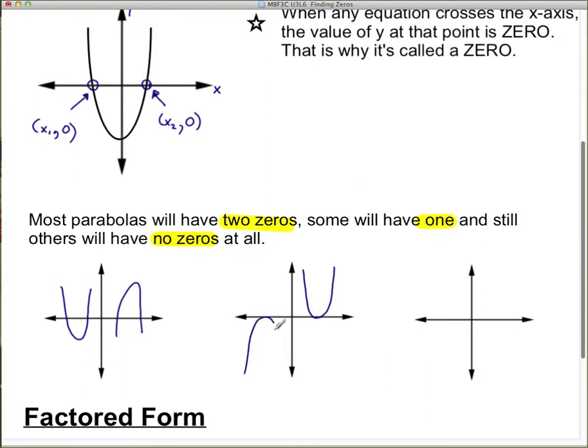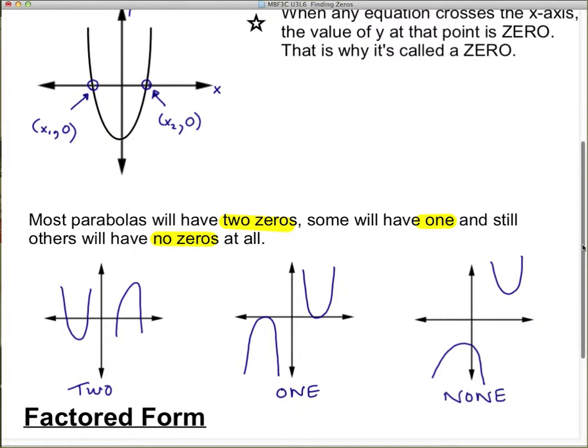Now it could be upside down as well, but it just touches. And then to have no zeros at all, that means that it opens up and is above, or it opens down and is below. Okay, so these are the three different things. Here's where we have 2, here's where we have 1, and here's where we have none.